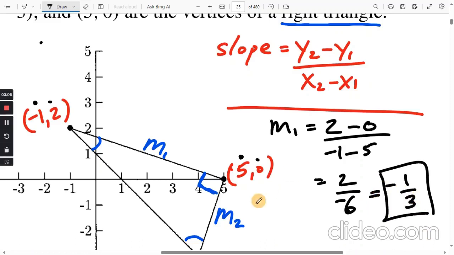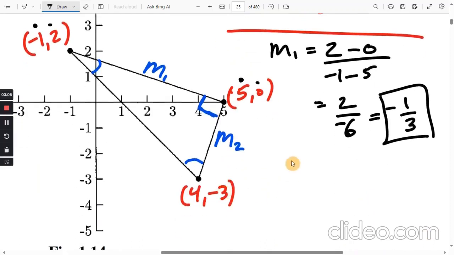And now all we have to do is check M2. So M2, change in y, I'm going to do 0 minus -3. Change in x, I'm going to do 5 minus 4.